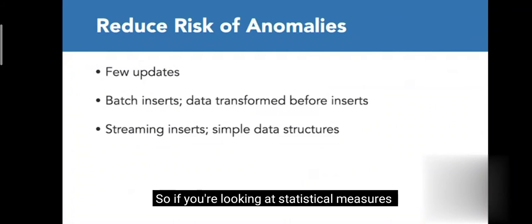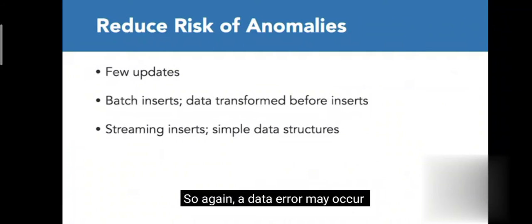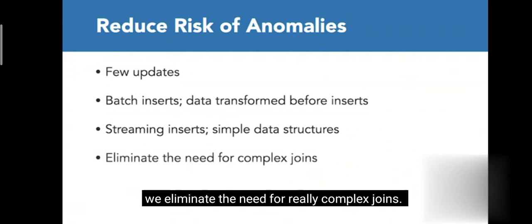So if you're looking at statistical measures across these data structures, very small errors just get washed out, and it doesn't make a material difference the way we report on it. So again, a data error may occur, but it doesn't have as much of an impact as it would in an OLTP system. Another thing that happens is that we eliminate the need for really complex joins. That's particularly useful with regards to simplifying and speeding up performance.